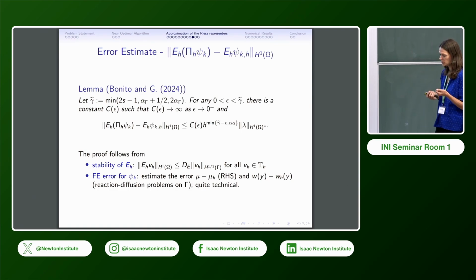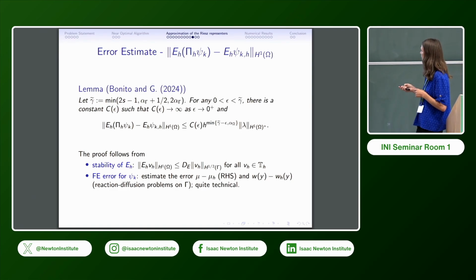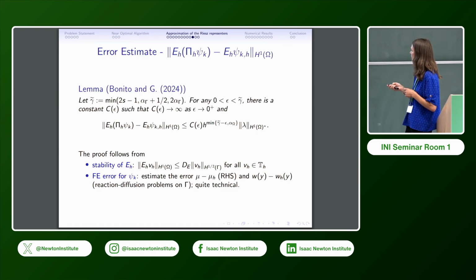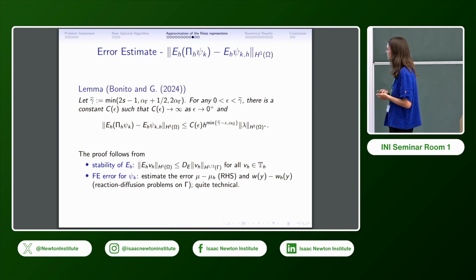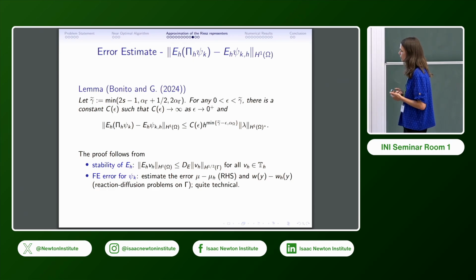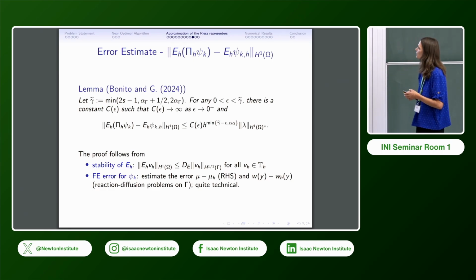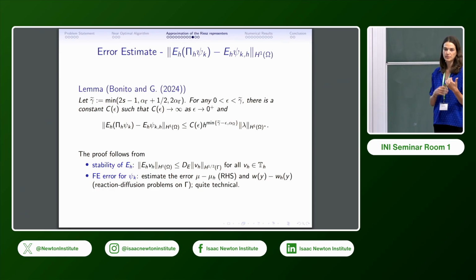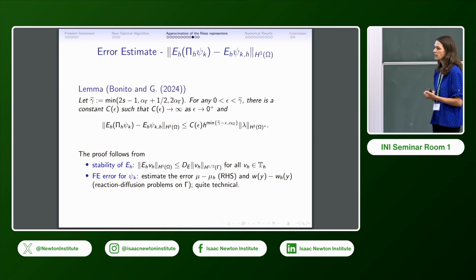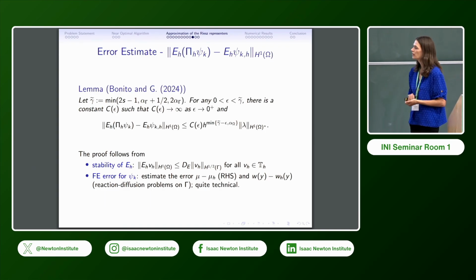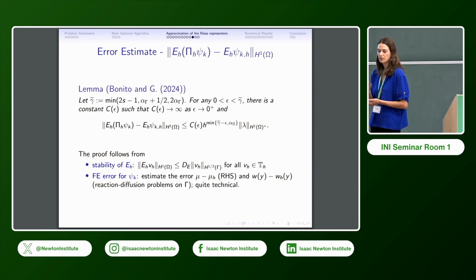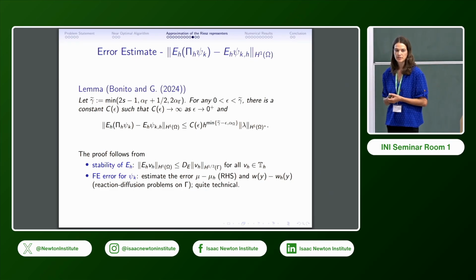But we have to deal with the case we have different right-hand sides, and also estimate the error for the reaction diffusion problem, the exact one and the finite element one. So once we have this, we have a control on the error approximating the Ritz representer, and then we can come back and have a result on the optimal recovery, which involves the Chebyshev radius plus some constant times this epsilon.